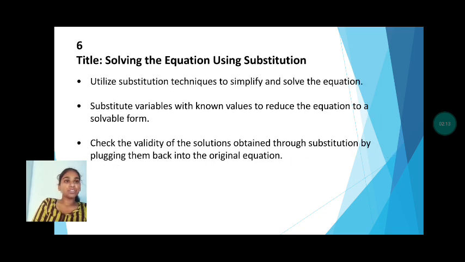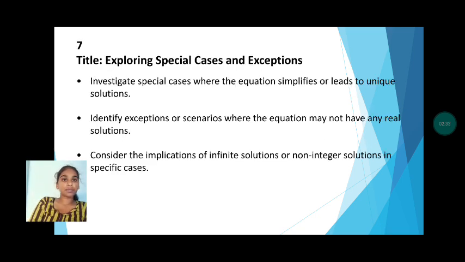Solve the equation using substitution. Utilize the subtraction technique to simplify and solve the equation. Substitute variables with known values to reduce the equation to solvable form. Check the validity of the solution obtained through substitution by plugging them back into the original equation.